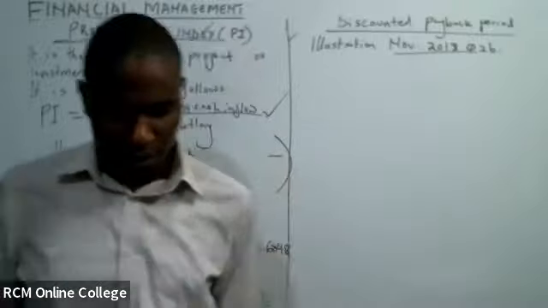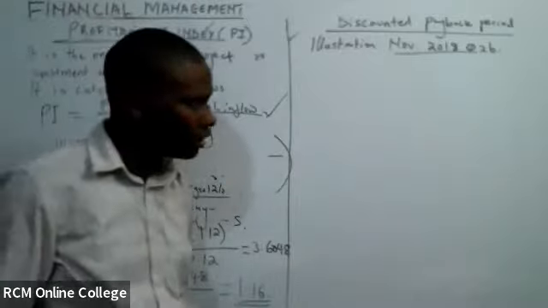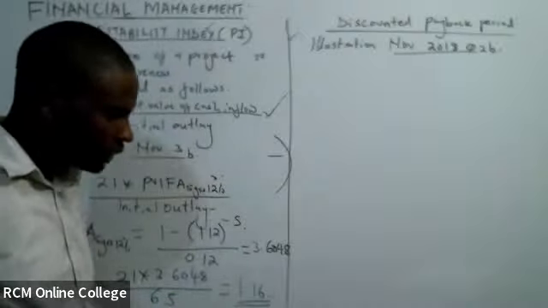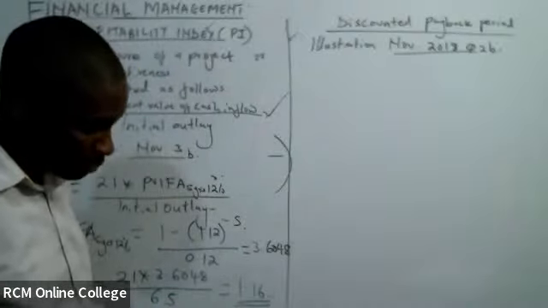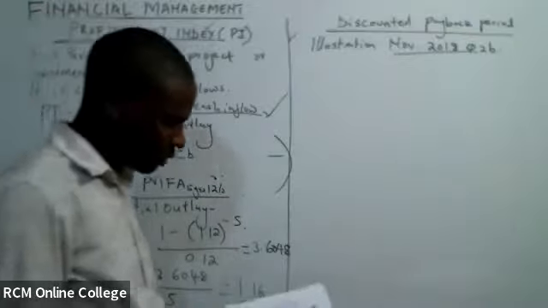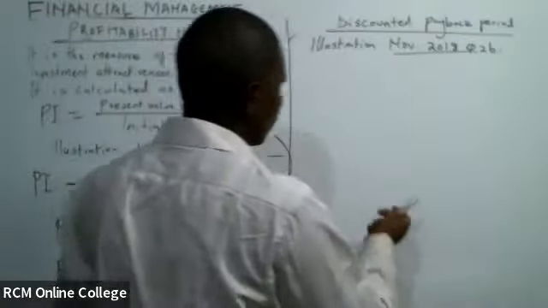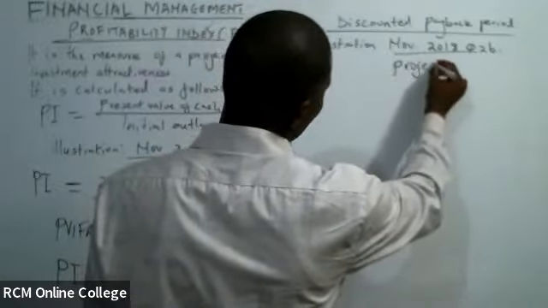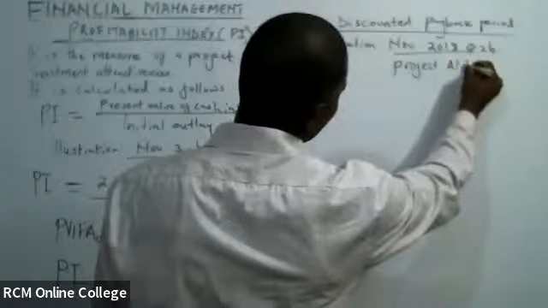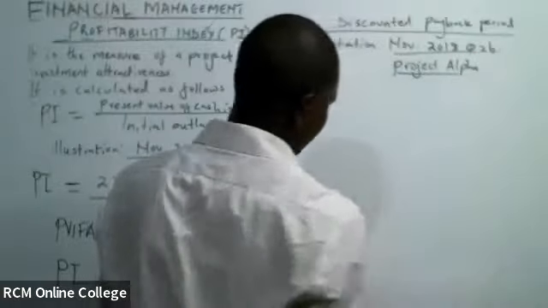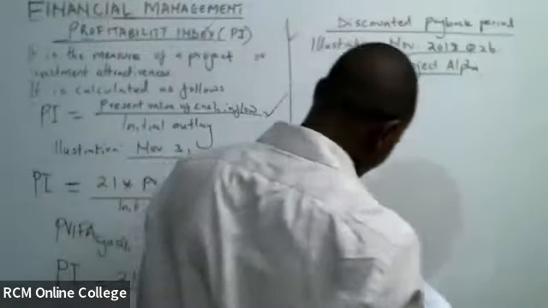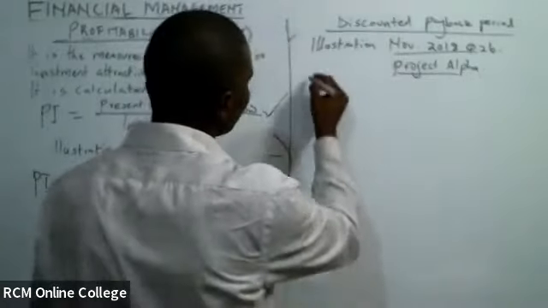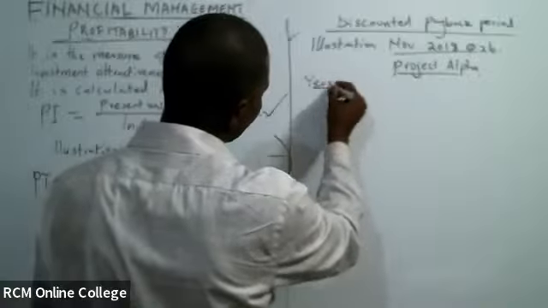Right, thank you so much, Marianne, for that. That's a nice question. So we need to use the discounted payback period to solve this. We can start with the first project, which is Project Alpha. I can see we have 4 years. So the first thing, we just identify our years here.